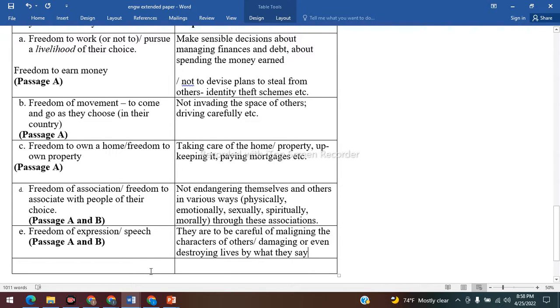Okay, so the next freedom is, not everything that is true needs to be said. You don't want to discourage anyone. For example, you might know someone who has a limp. They have a limp because they were in a bad accident.